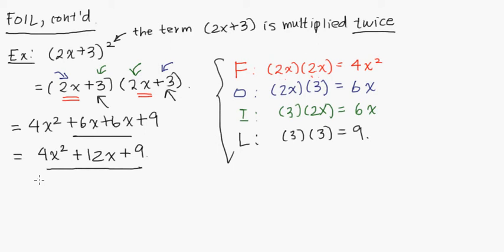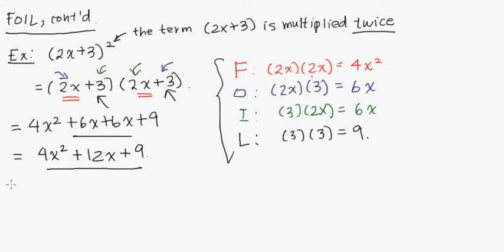Now, there's a slightly quicker way to do this question when there are two of the same factors being multiplied. In other words, when there's a factor that's being squared, there's a sneaky little trick to go about doing this in a slightly quicker way. It's a little tricky, but if you get the hang of this trick, it might help you save some time.